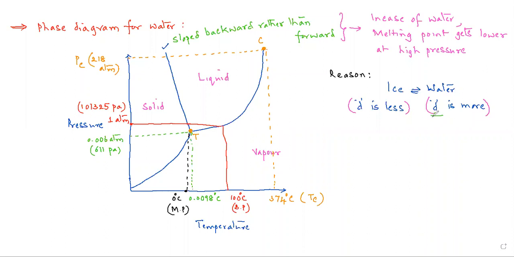In this case, when density is more, volume will be less, of course. Now, when pressure is applied on this equilibrium, obviously the equilibrium shifts in that direction where there is decrease in volume. I mean, more water is formed and equilibrium shifts in the forward direction, isn't it? Liquid water is produced, equilibrium shifts forward.